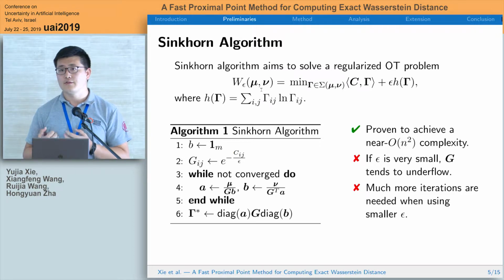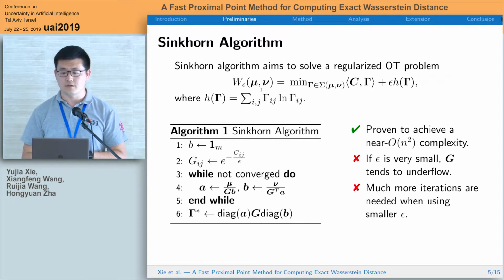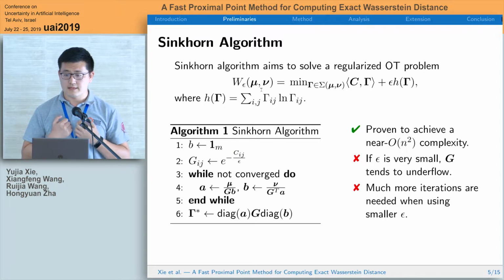For this regularized formulation, we can directly use the classical Sinkhorn algorithm to solve it. The Sinkhorn algorithm can also be considered equivalent to the alternating maximization algorithm for the dual problem. The Sinkhorn algorithm is proven to achieve a near O of n to the power of 2 complexity, very efficiently. However, if epsilon denotes the penalty parameter of the entropy regularization, and epsilon is very small, the matrix G tends to underflow.